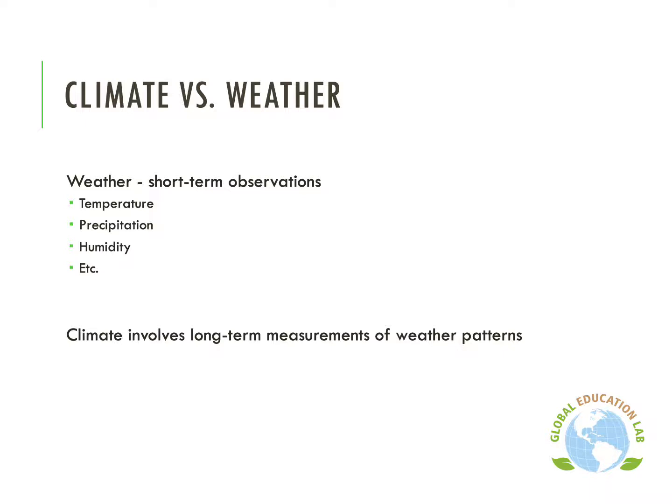In contrast, climate involves long-term measurements of weather patterns. It takes decades to experience enough weather to make observations about climate. Consequently, climate science is a much more complicated issue than weather, and many people do not fully understand climate science because they view weather and climate as synonyms.